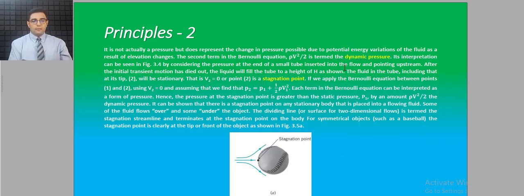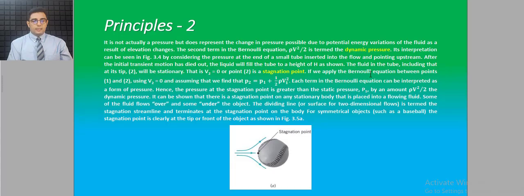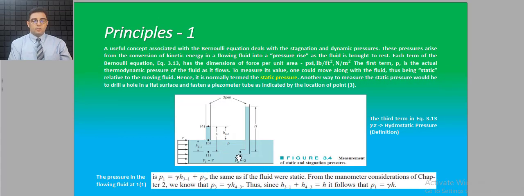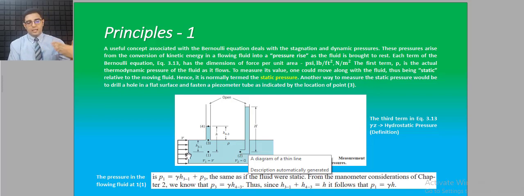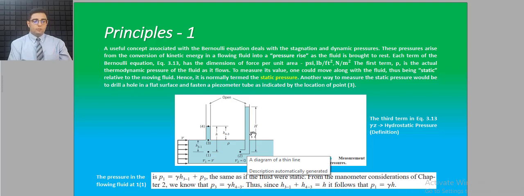These are the demonstrations that I gave you in previous sessions. So the stagnation point here is the highest pressure happening in the streamline, because it's the combination of the static pressure happening at P1, which used to be the hydrostatic one, plus 1 over 2 rho V1 to power 2.